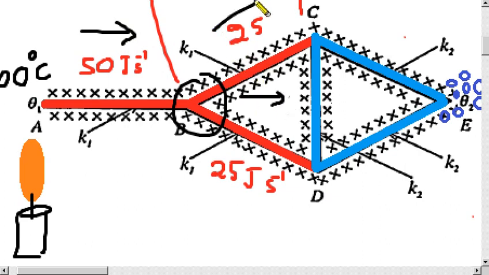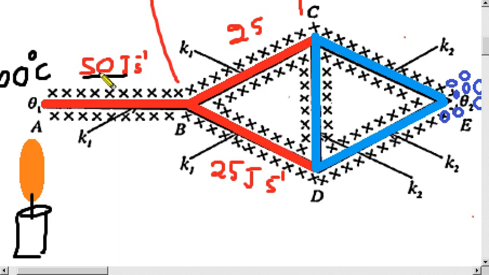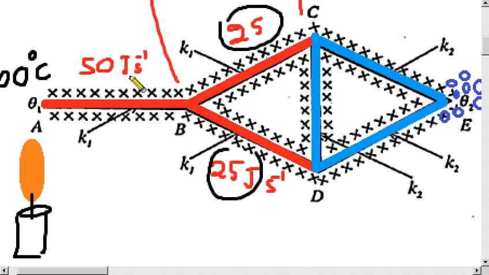incoming rate is equal to the outgoing rate. Outgoing rate means these both, because both the rods are conducting. So therefore, since these both paths are identical, we have to divide this incoming rate into 2. So we get 25 and 25 like this.